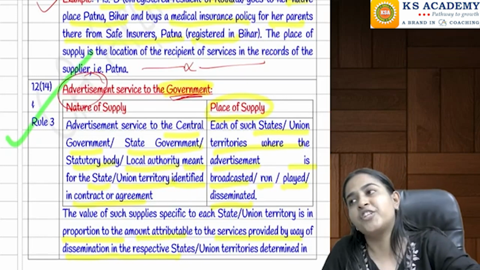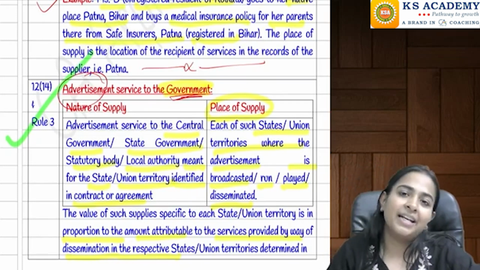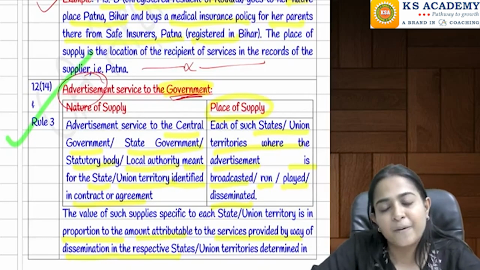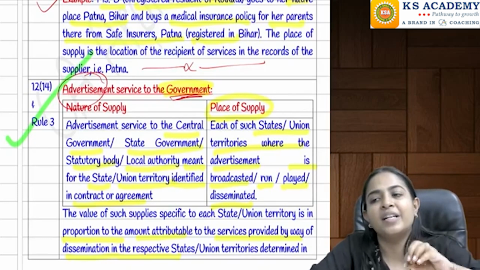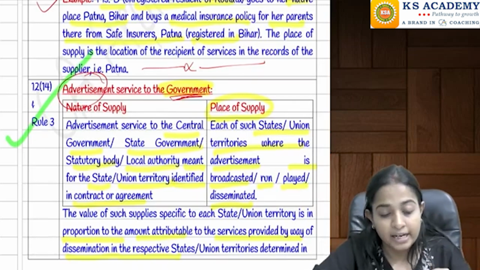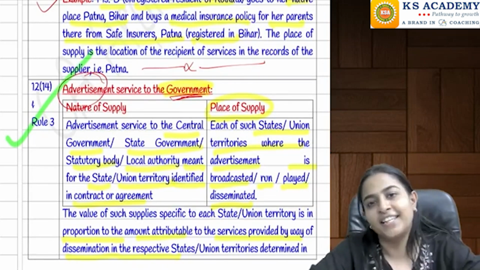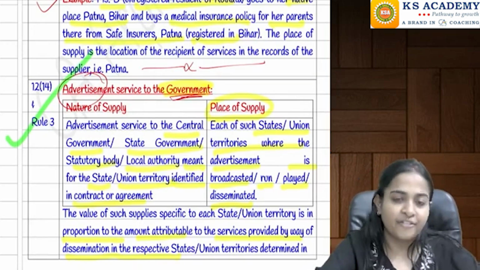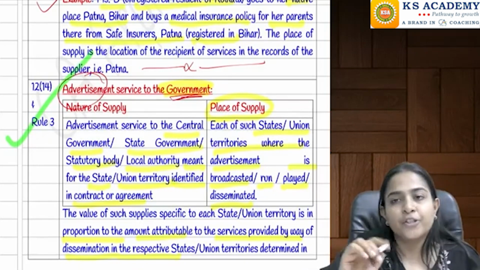So just go and check the contract or the agreement, and divide the value of service in proportion to the value prescribed in the agreement. It means if the agreement says 20% is for Maharashtra, 20% is for Gujarat, just divide it accordingly. But the problem arises if nothing is written in the contract or the agreement. For that we will have to refer to rule 3. First one, everyone here.